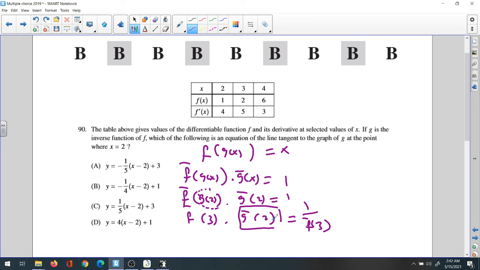F prime of 3 is given and it's 5. So it will be 1/5. So the equation will be 1/5 times (x minus 2) plus 3. The answer is C. And this was the last question on the 2019 multiple choice test.